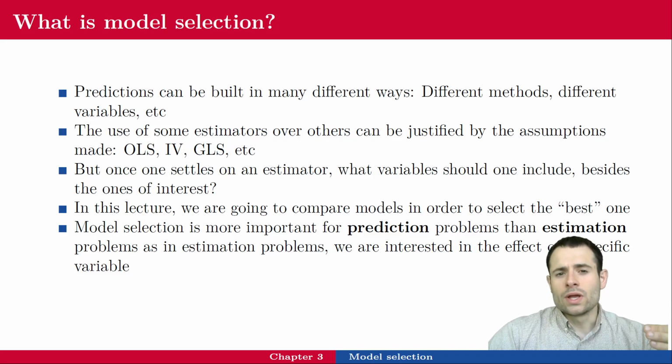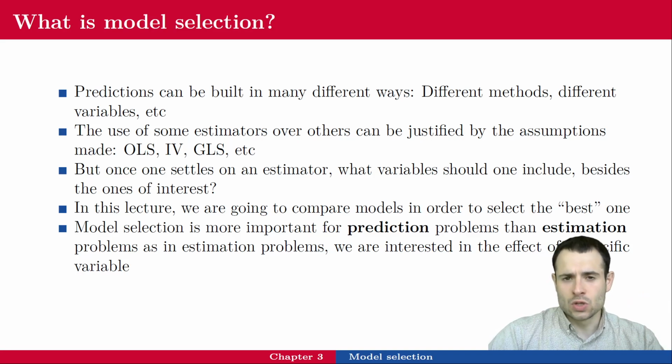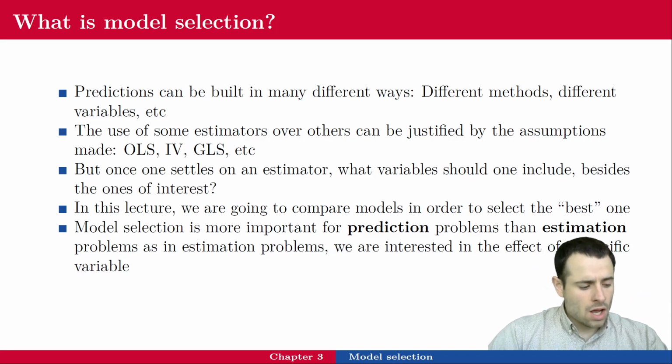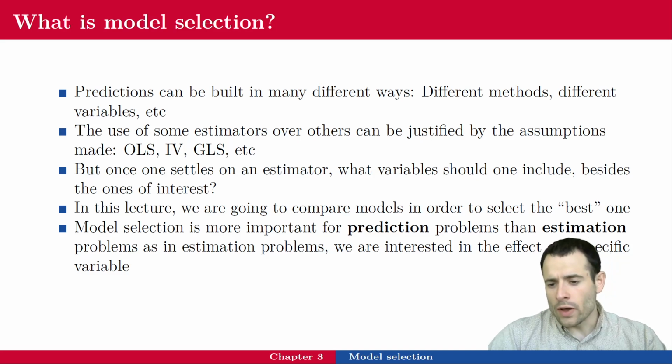In general, we include what we call control variables as a way to reduce the omitted variable bias, and it's kind of like a safety check, if you like.